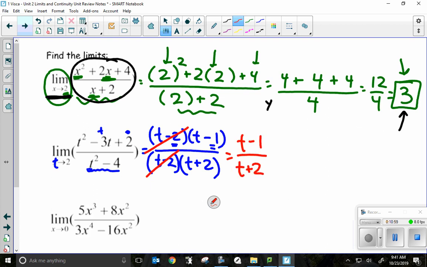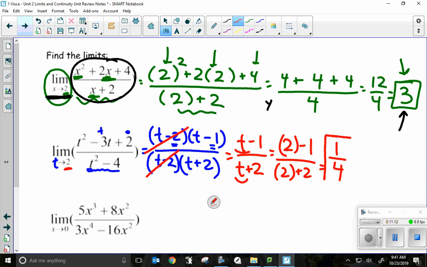Now I can throw my 2 in, okay? That's 2 for my t minus 1 over 2 in for t plus 2, which is 1/4. There we go. Now, another quick reminder.